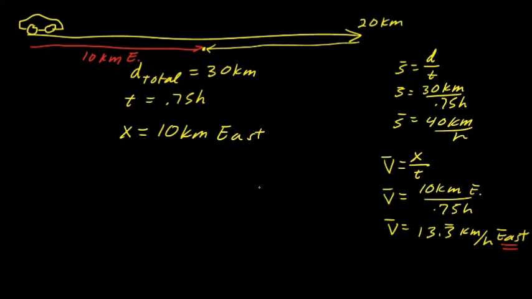Look at the difference in the answers. The speed is 40 kilometers per hour. It's the total distance divided by the time. Whereas the velocity is displacement divided by time, which gives you a totally different answer, 13.3 kilometers per hour. So there is an important distinction between speed and velocity.